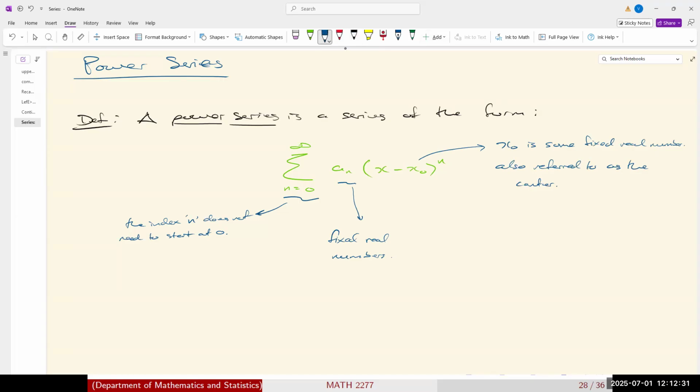Now, the main difference between a power series and what we were summing before is that we now have a variable x. x is a variable. Depending on the value of x that you throw in, the series may converge or diverge. So the series we get depends on the x value.